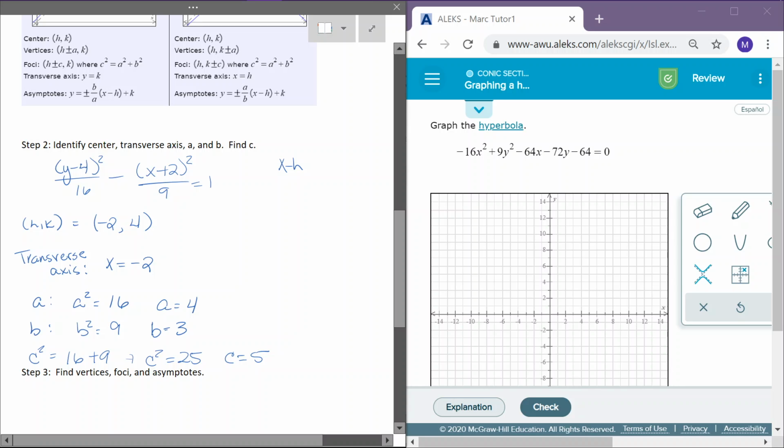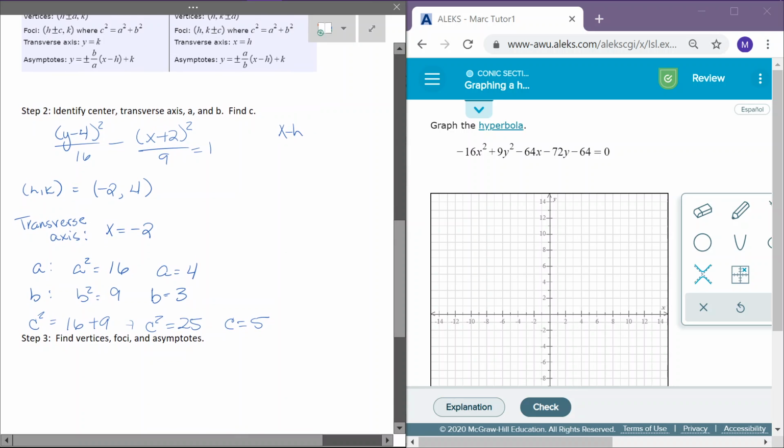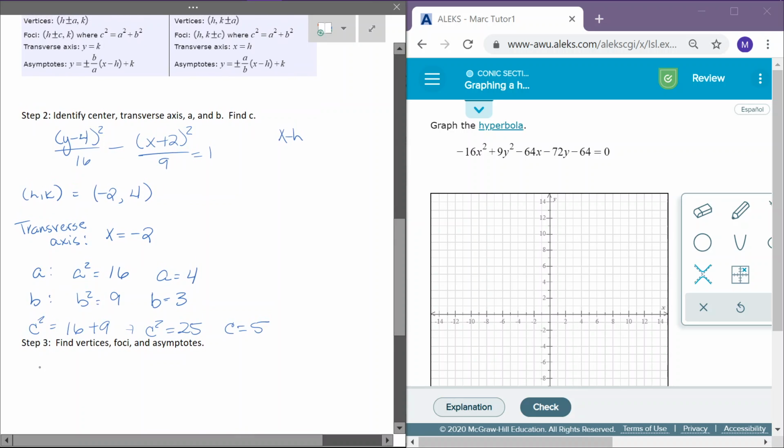So we can use all of this information that we just found to find our vertices, foci, and asymptotes. Let's start with the vertices. Our vertices are going to be of the form (h, k plus or minus a), because we're dealing with a vertical transverse axis.